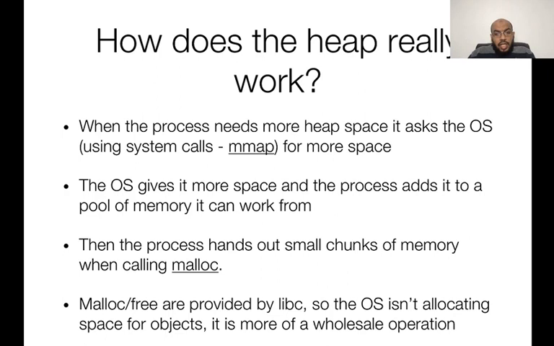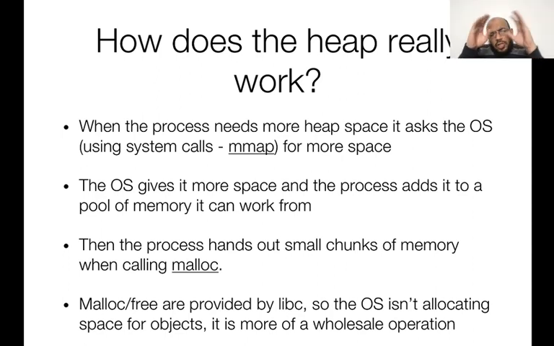So you do an mmap first to get some extra heap space, and then you call malloc, which gives you small chunks of memory, for example sizeof int. Malloc and free are provided by libc, so the operating system is not allocating space for every object. It is more of a wholesale operation.